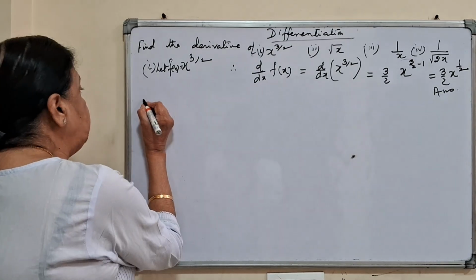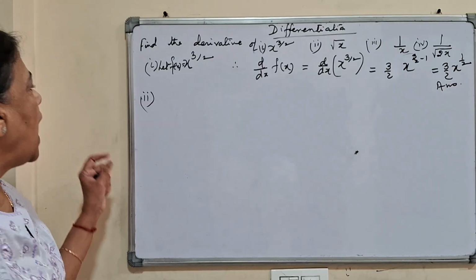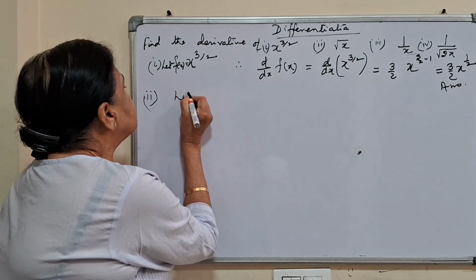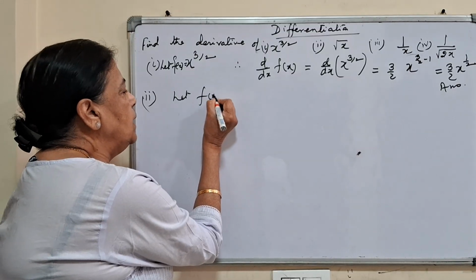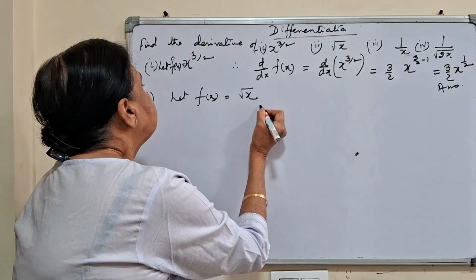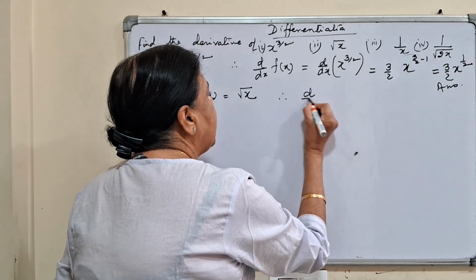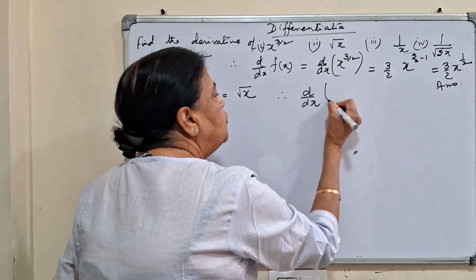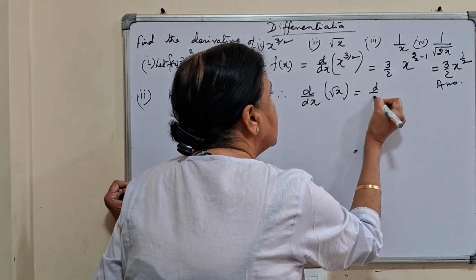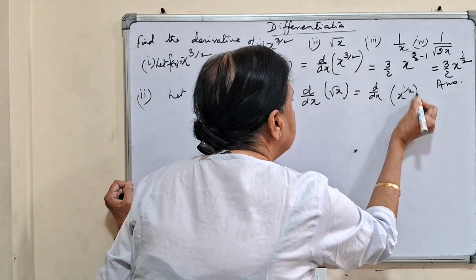Now, second part, have you followed all of you? Yes. The second part is let f(x) is equal to root of x. Therefore, d/dx of root of x, I can write d/dx of x raised to the power half.